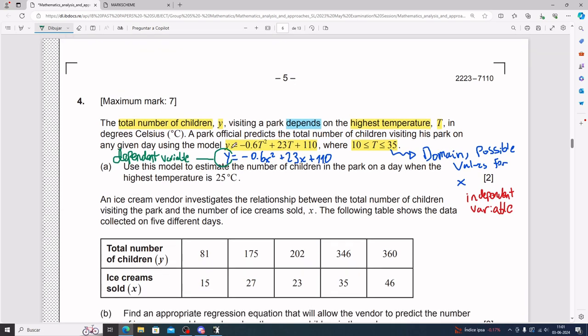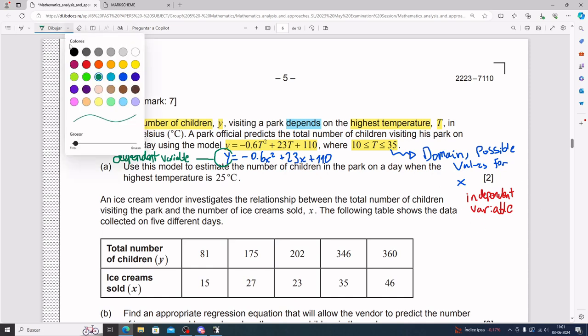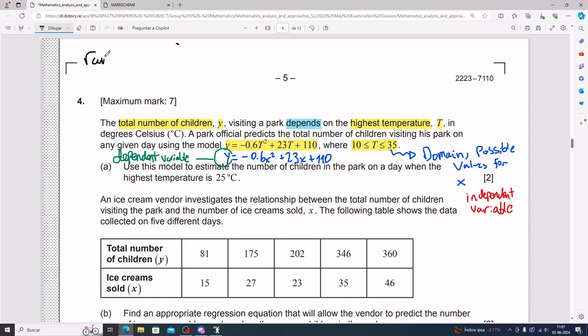So you have one dependent variable, one y equals, with a bunch of independent variables, a bunch of x's. And so the domain is for the values of x, which is the values of your independent variable, while the dependent variable is the range, which is the possible values.